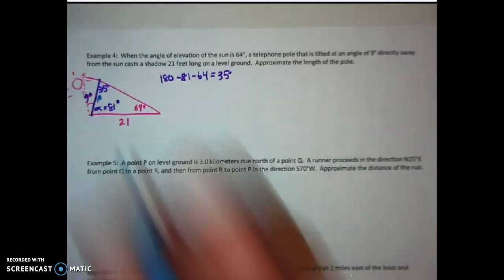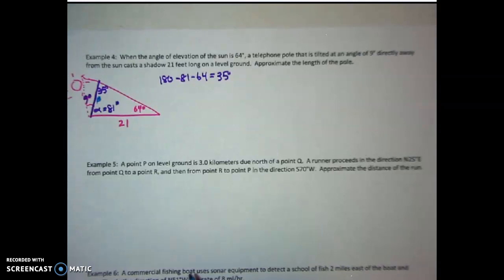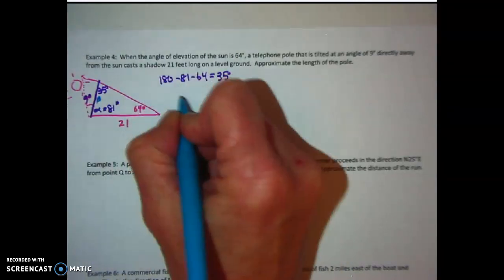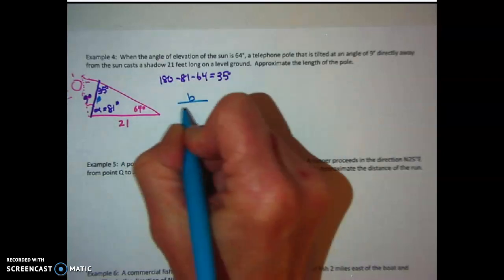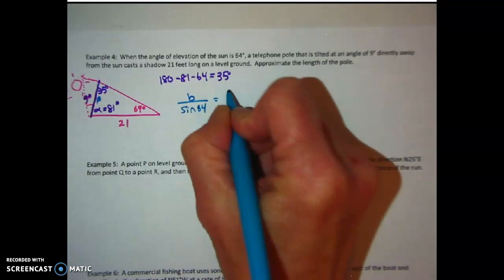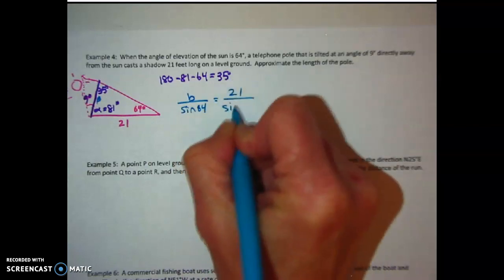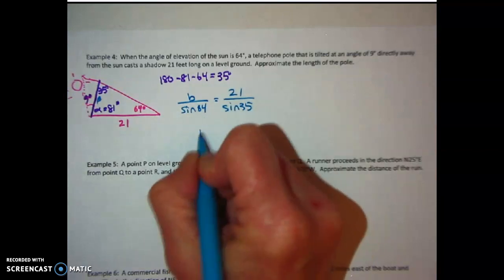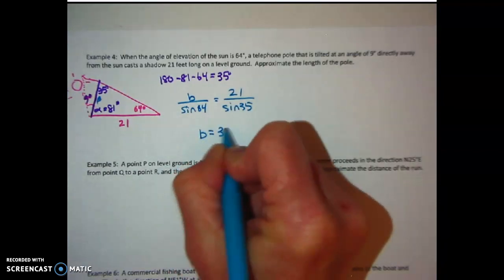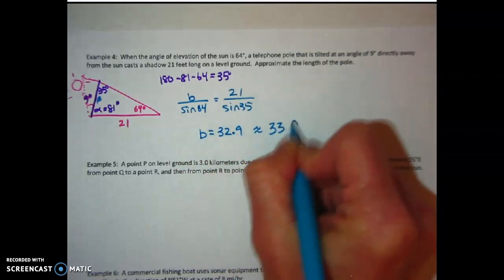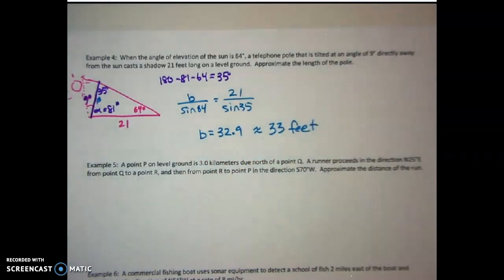If I, just for namesake, call that side B, then my side B over the sine of 64 equals 21 over the sine of 35. Popping this into your handy-dandy calculator, we find that B is 32.9, so we could say that our telephone pole is approximately 33 feet long.